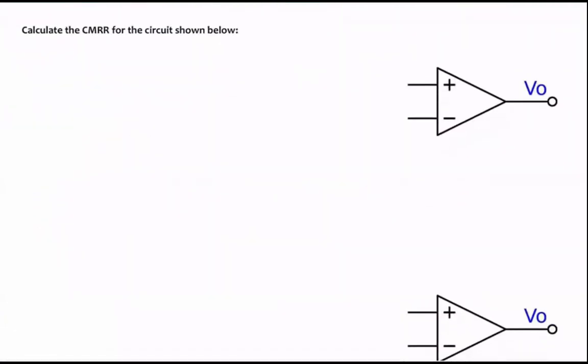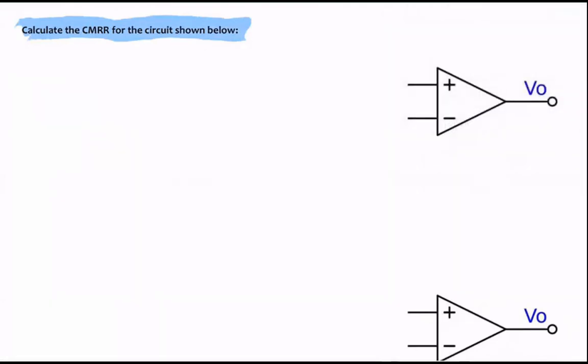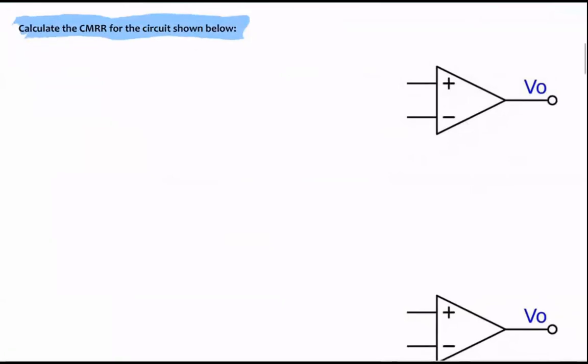We have been given a task: calculate the common mode rejection ratio for the circuit shown below. This circuit is not complete, so we're going to complete it first. Say to the inverting terminal, which is the negative terminal, I'm going to connect a source, and say this is negative 0.5 millivolt. We know that this is going to be Vn, and this is going to be Vp.